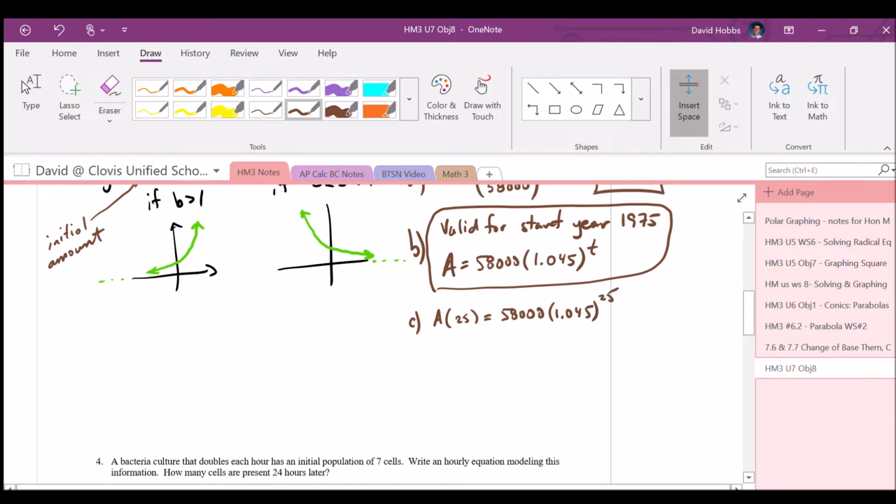Really, we're just plugging into the calculator now. 1.045 to the 25th is a little bit more than 3, don't round it, times the 58,000. We don't round until the very end here. So this is approximately $174,315, and we're talking about money, so .20.